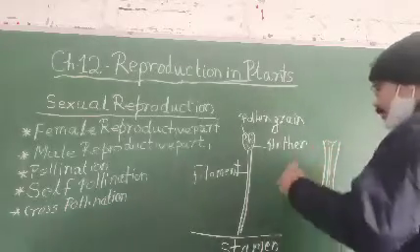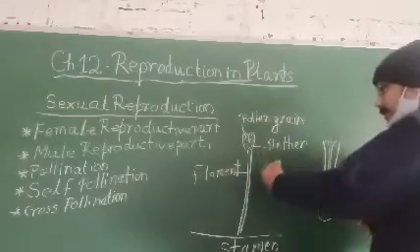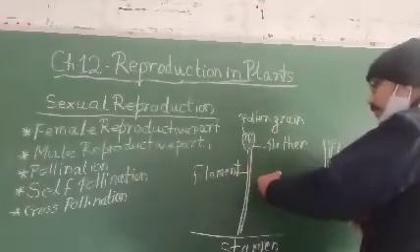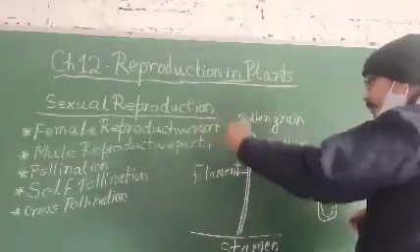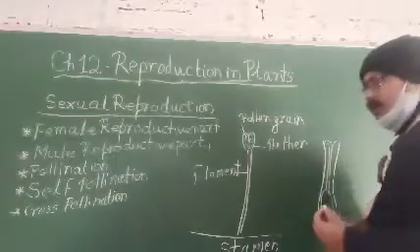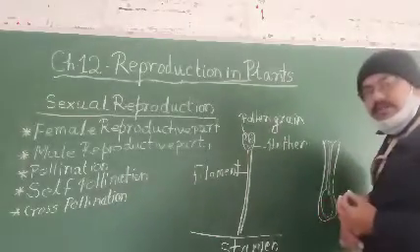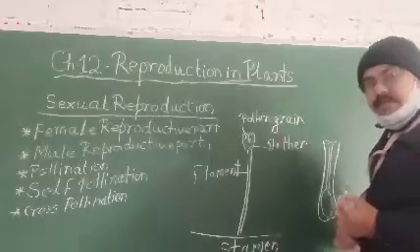As I have already explained, before this explanation of male reproductive part, I have explained about the female reproductive part, in which I have drawn the female sex organ, that is called the pistil or carpel.